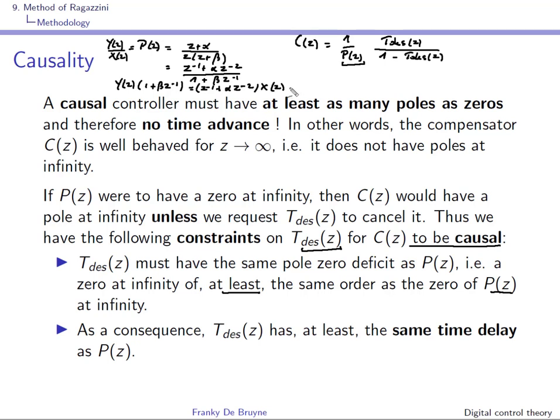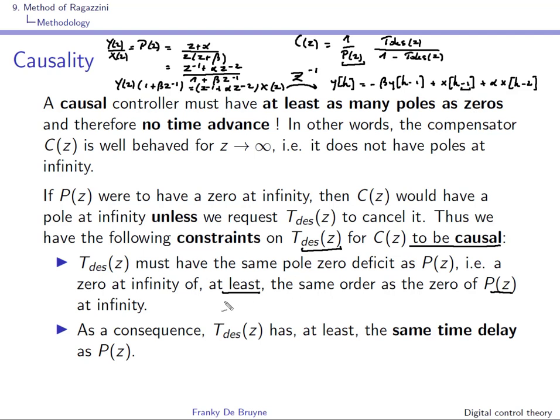If you take the inverse z transform, you can see that y of k is equal to minus beta y of k minus 1 plus x of k minus 1 plus alpha x of k minus 2. So the delay in the system is a delay of 1.